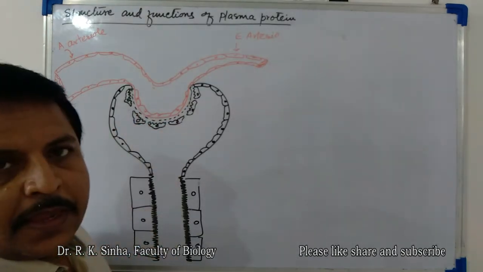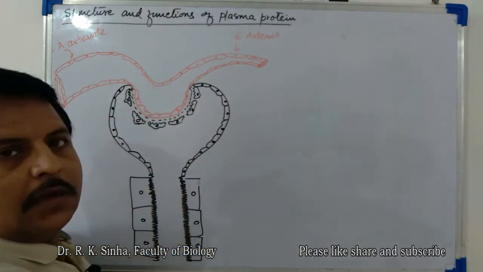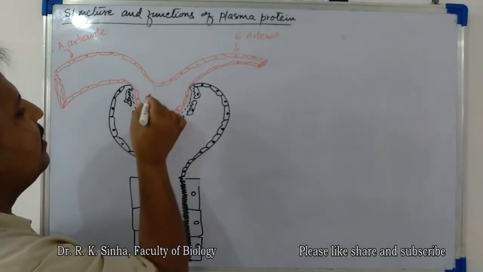This is the renal corpuscle. This part is the glomerulus, the knot of blood vessels.